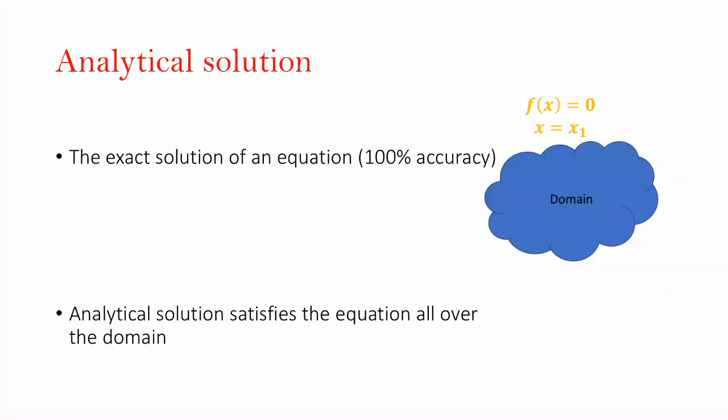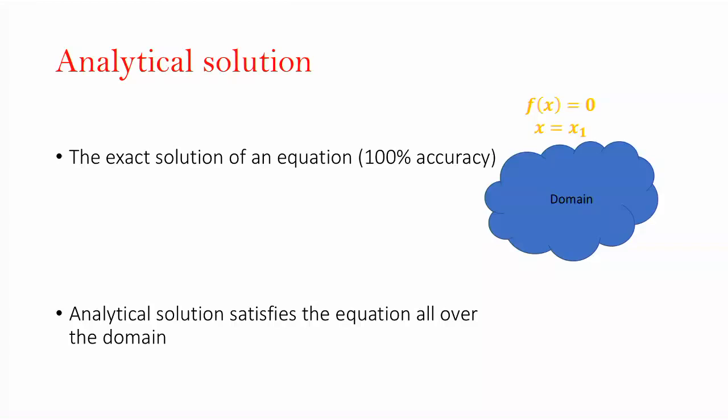So what is the analytical solution? Imagine that we have a function which is called f. f is a function of x. We want to know for what values of x, f of x equals 0 for this domain of the problem.